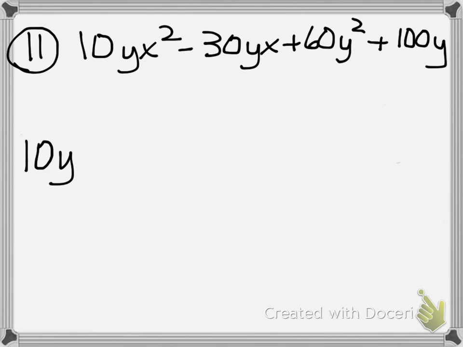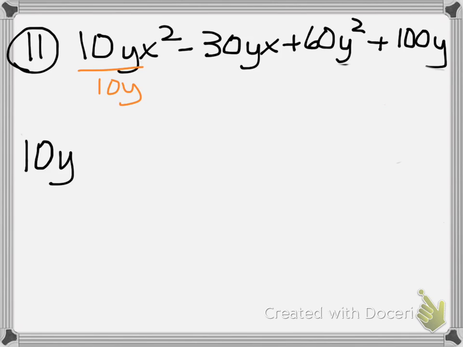Now, do they all have an x? No. Okay, so the lowest power of x is just x, but these two guys over here, they don't have an x at all. So we cannot put an x on the outside as part of our GCF because it is not something that they have in common. So only 10y is the GCF.